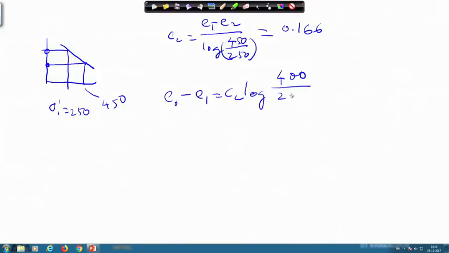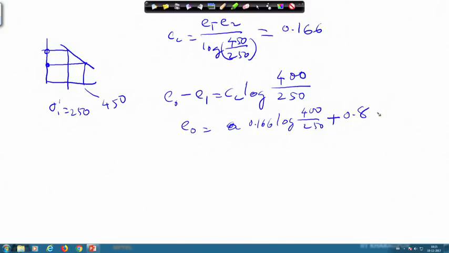From there you can see e naught equals Cc, whose value is known, so I can put 0.166 log (400 by 250) plus e 1, suppose 0.8.